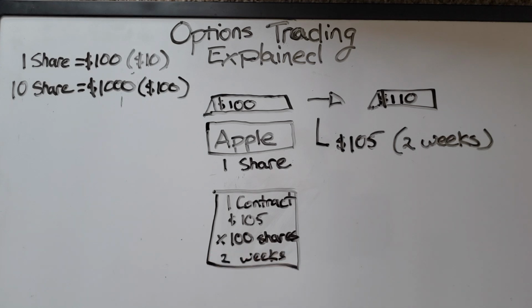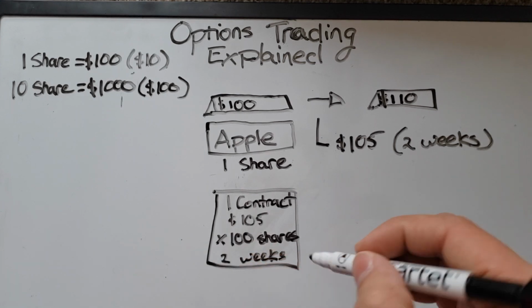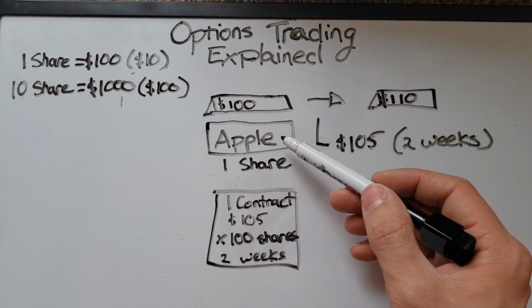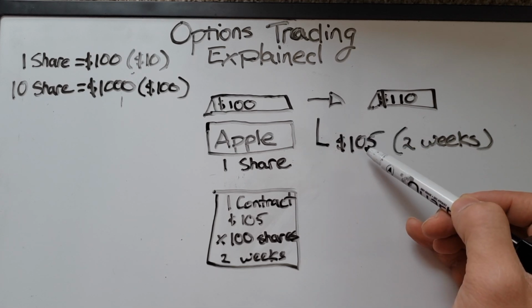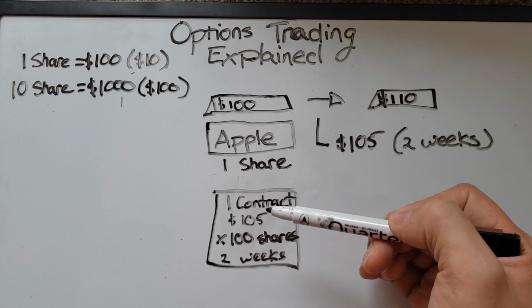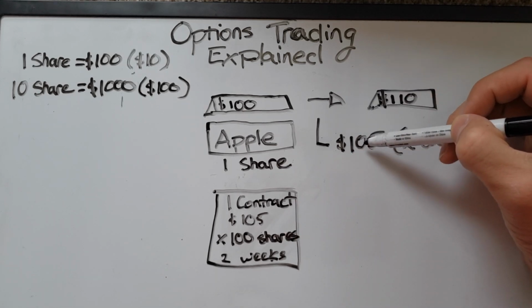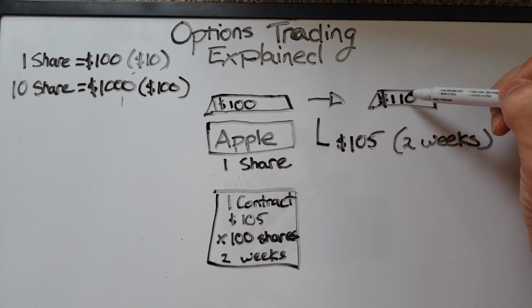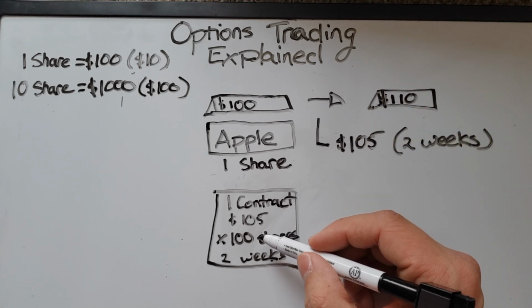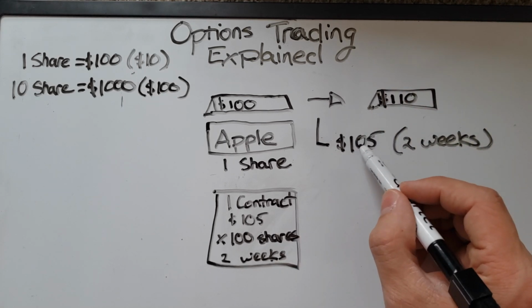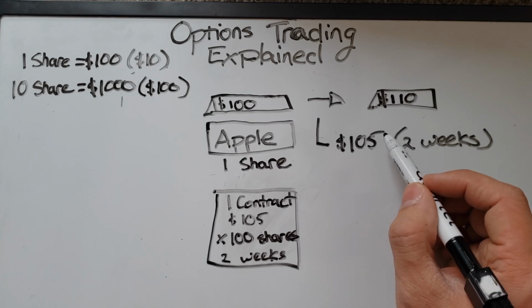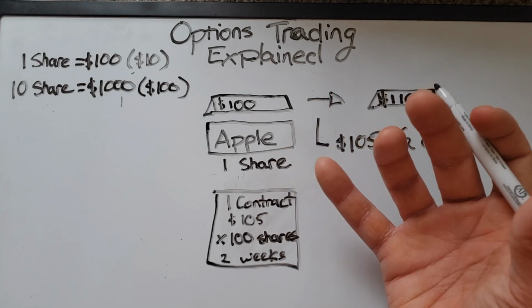What this means is that anywhere between now, from the time you purchased it, and 2 weeks from now, if the stock of Apple is at $105 or above, you can exercise your contract. Meaning, if Apple actually goes past 105 and hits $110, you can still purchase Apple shares for $105. That is the price you committed to, and that is the contract that you're bound to.